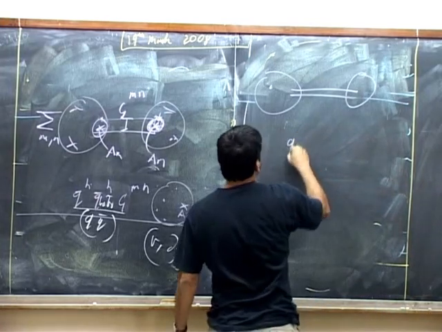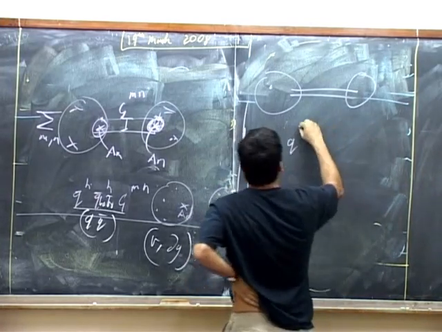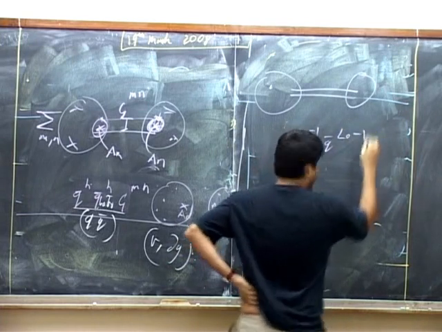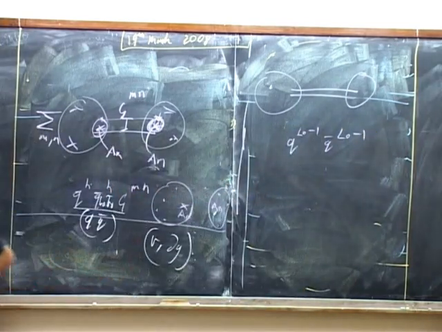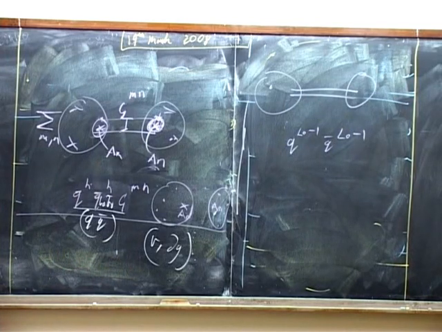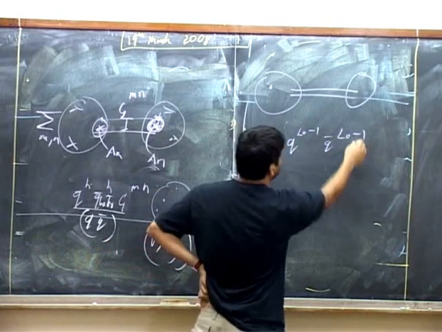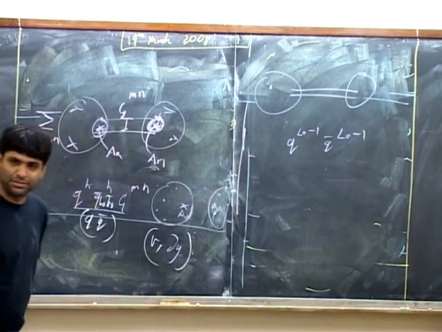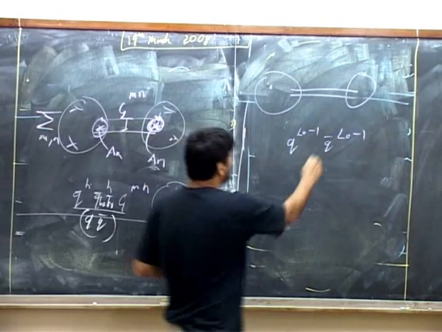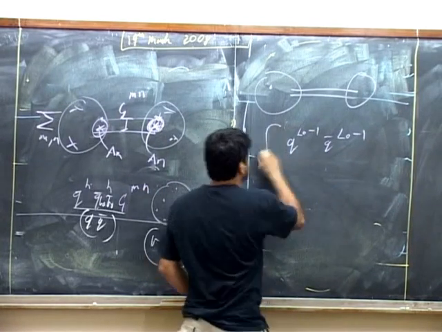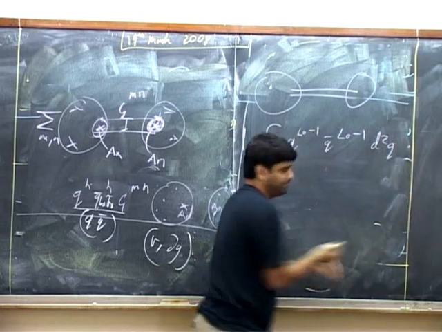Just as in that case, what we get is q to the power L0 minus 1, q bar to the power L0 bar minus 1, exactly the same way as in our discussion of 4-point functions. We have to do this integral over d^2q.